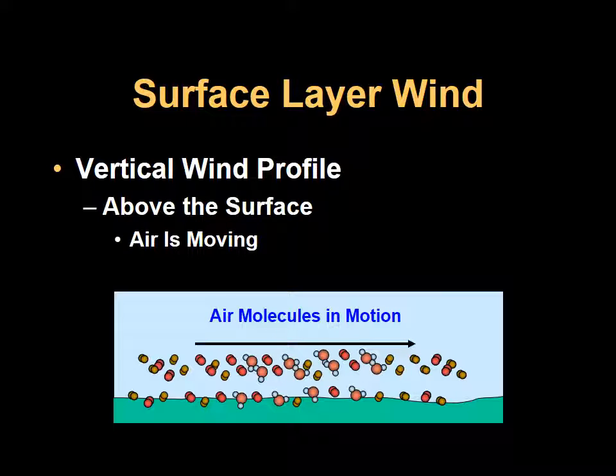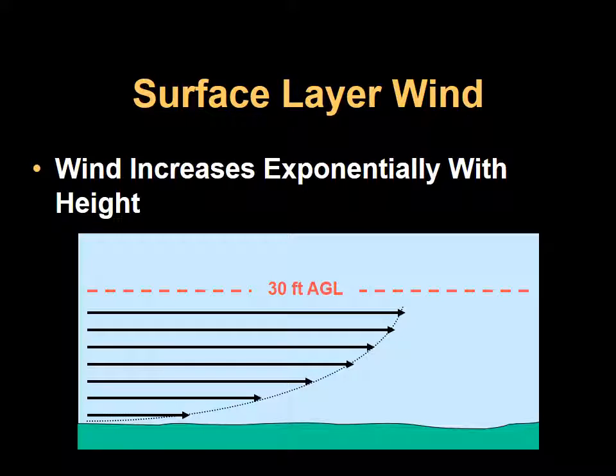But as you move up through the atmosphere, we're talking just a few inches above the ground, the wind is moving. The molecules are moving along. And there is some attraction between the molecules that are moving along and the molecules that are stuck to the surface of the Earth. So as a result, you have slower moving molecules. They're moving, but they're moving slower. And with each successive layer of molecules up higher and higher, they keep moving faster and faster as they move away from the surface of the Earth.